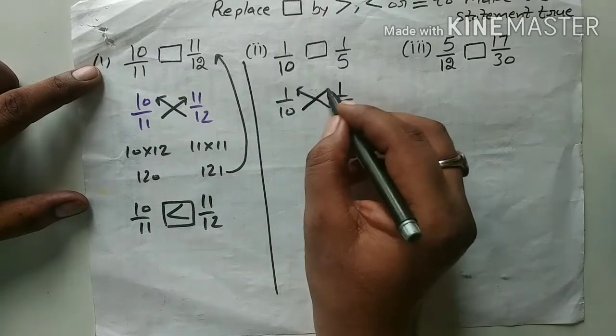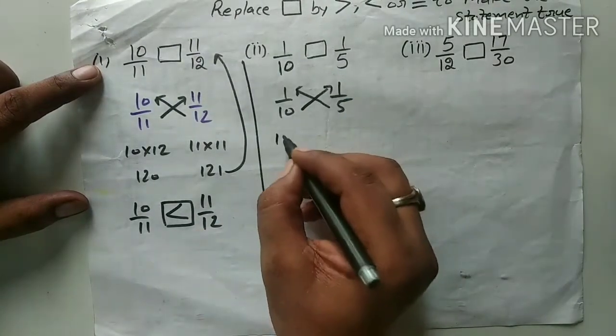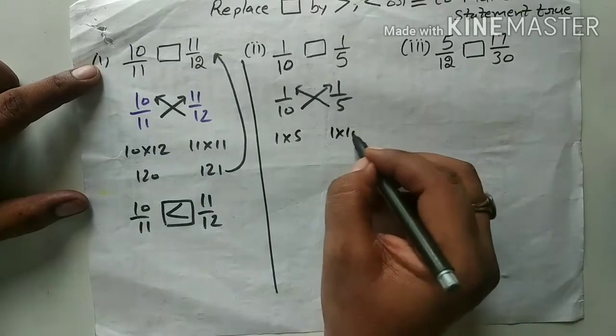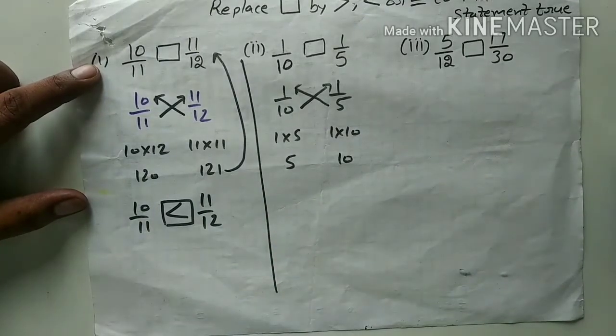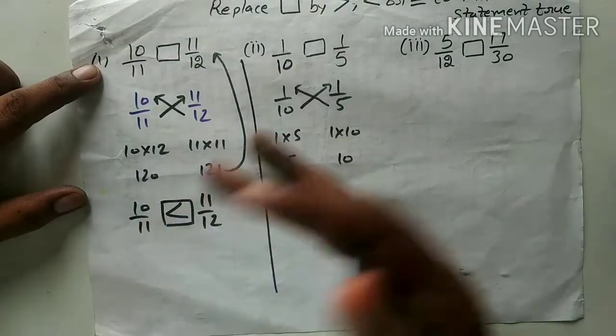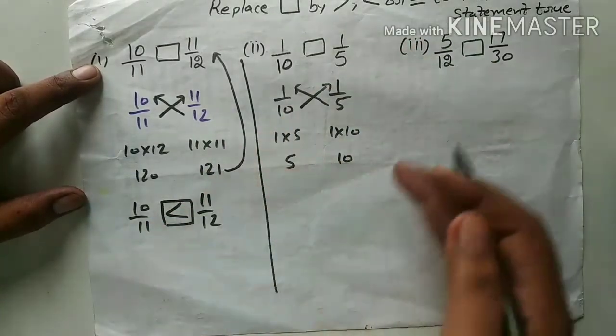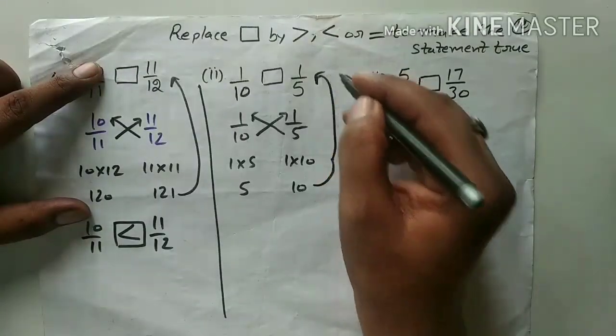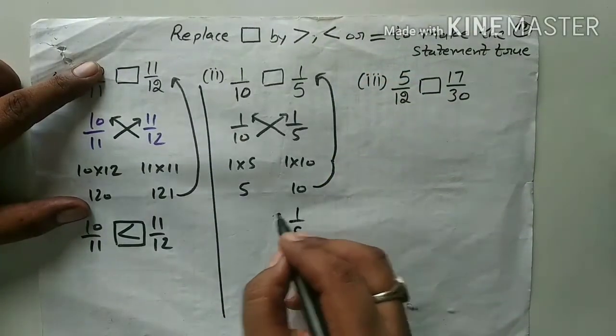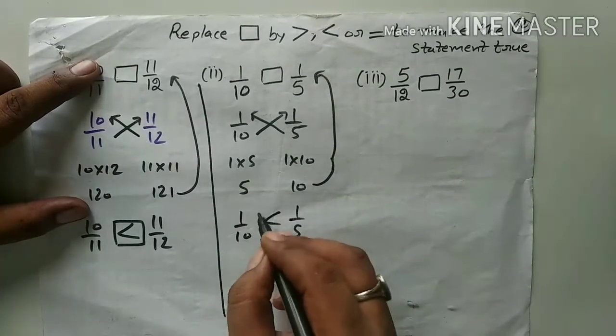Now I will mark the cross. 1 multiplied by 5 and 1 multiplied by 10. This is 5, this is 10. Now which one is greater? 10 is greater and 10 is on my right hand side. Which fraction is on the right hand side? That is 1 by 5. Therefore 1 by 5 is greater than 1 by 10.